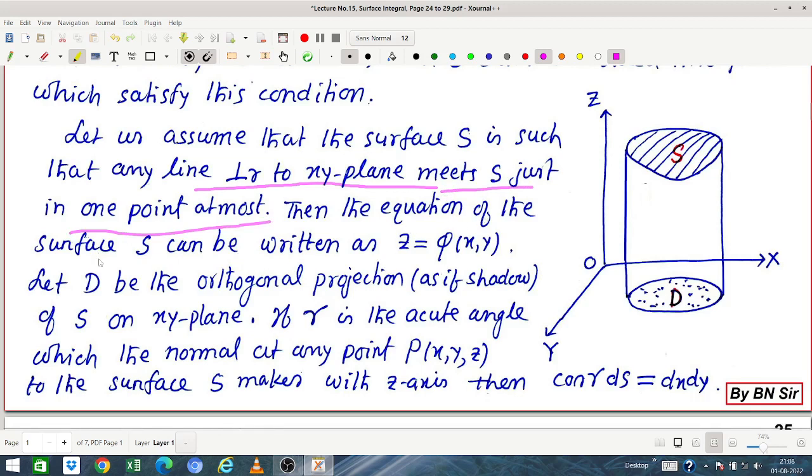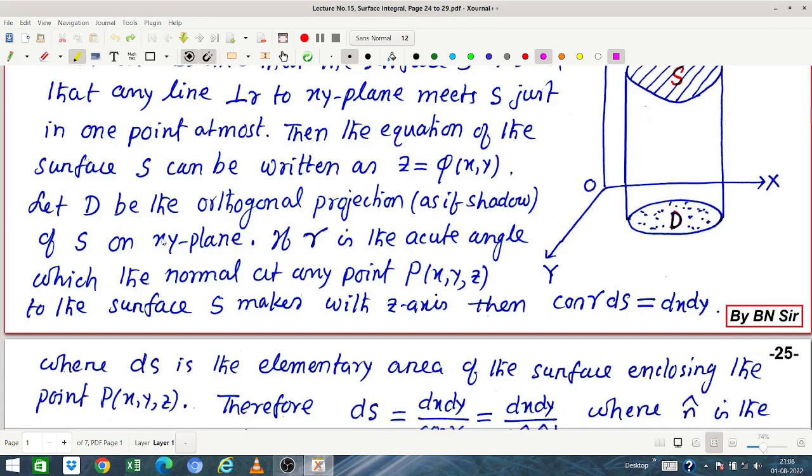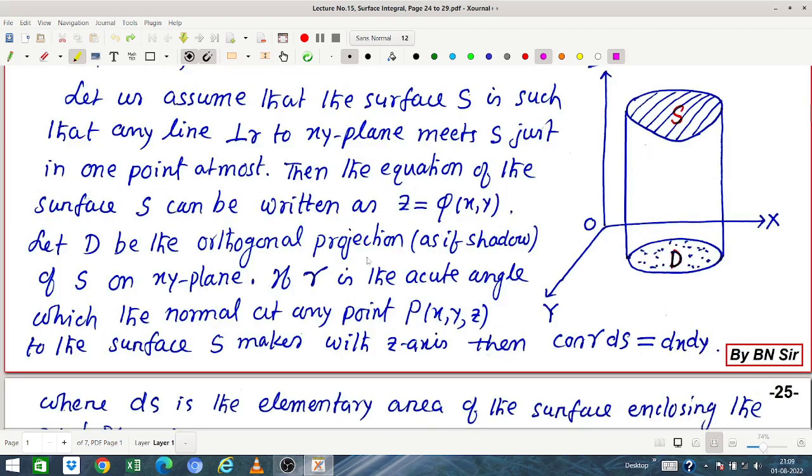Then the equation of the surface S can be written as z equal to phi of (x, y). Let D be the orthogonal projection, as if a shadow, of S on the xy plane.